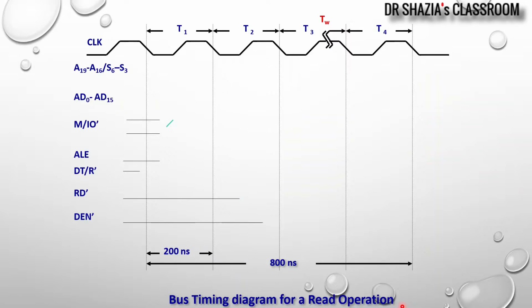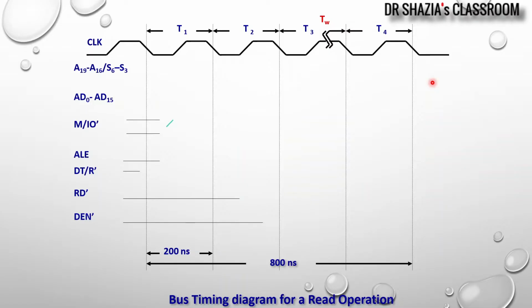As it is a read operation, the microprocessor is going to read data from the memory or from the IO device. In general, a machine cycle is made up of 4 T states as shown here. May not be applicable to each case, but in general, a machine cycle is made up of 4 T states.